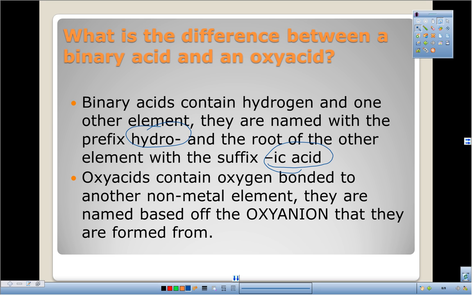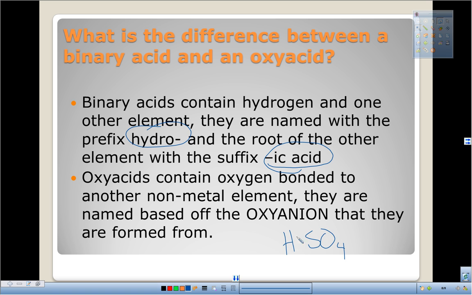For oxyacids, all you do is say whatever the polyatomic ion is, you change the ending and say acid. So sulfuric acid. Isn't that what Bart Simpson was writing at the beginning of this? I think it's what he was writing. So sulfuric, H is SO4.